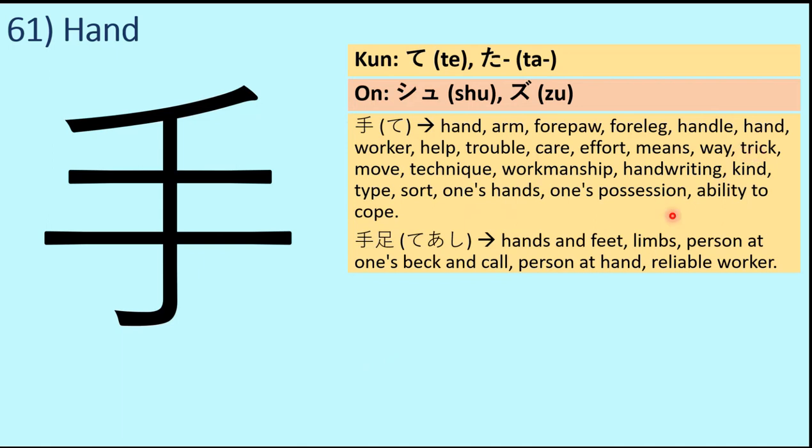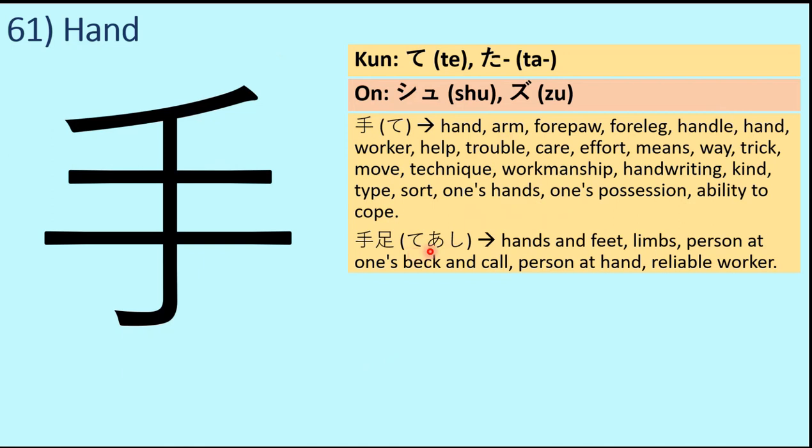So any of these meanings may be represented using this character, and depending upon the situation or the usage where it is being applied in combination with other characters, either some other kanjis or some other hiragana characters, different meanings will be formed. So don't get confused with so many meanings for this single character. These meanings will come out depending on the context in which this symbol is used. As a beginner, you should understand that this basically represents the hand.